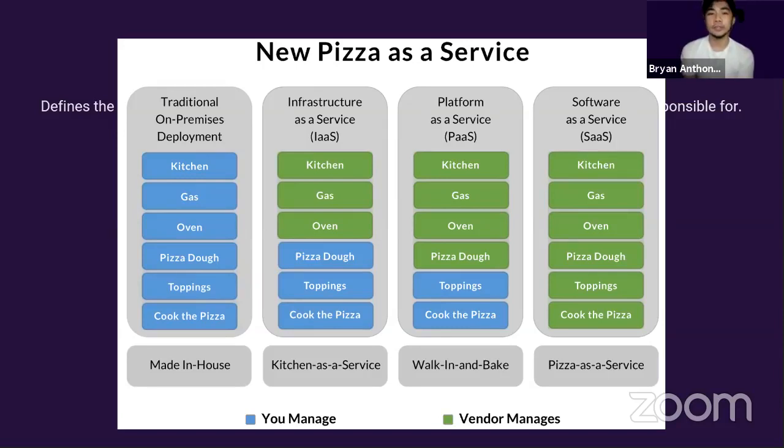So with this, your only responsibility is to order from the menu, and the pizza place will own all of the kitchen, the gas, the oven, the dough, the toppings, and they will also cook the pizza. So you have less responsibility, but at the same time, you'll have less customization. You have less modification on what you want for your pizza.